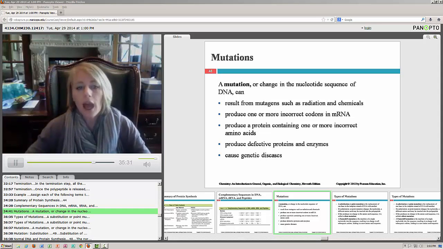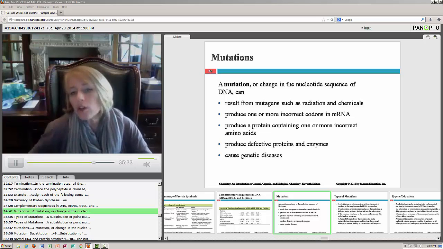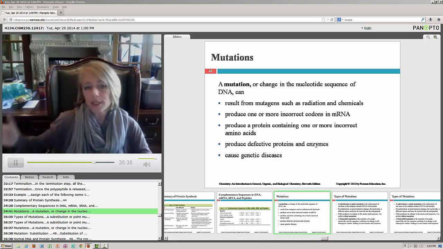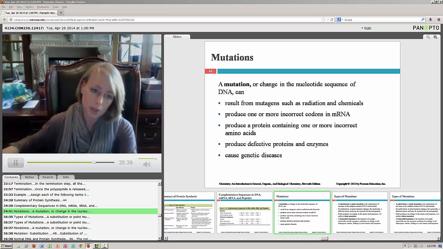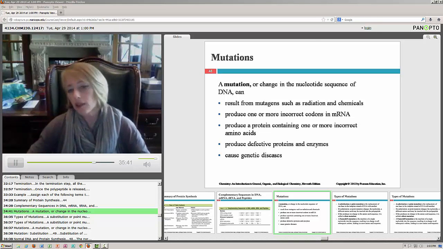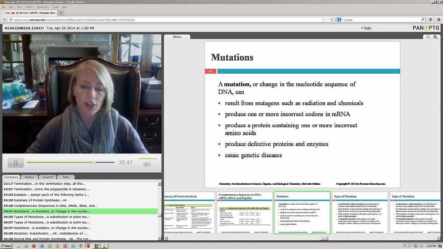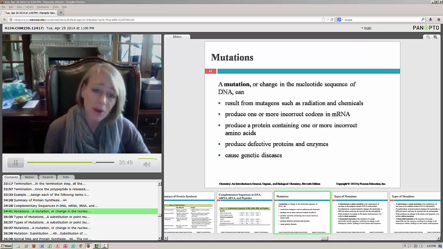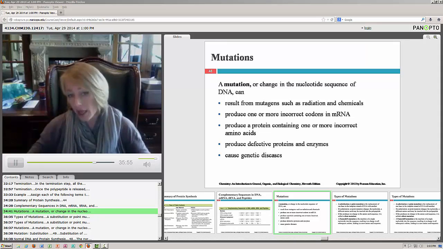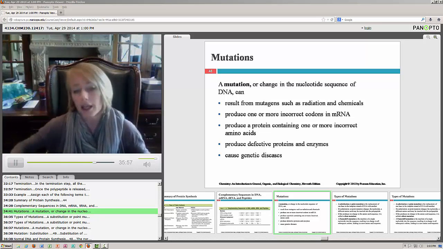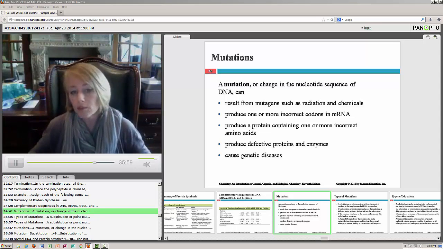And that will produce incorrect codon sequences to further synthesize the actual protein. That means that the protein is not being effectively made. It may have the wrong amino acids in the chain. It may even have a stop codon put where it wasn't supposed to be, and the protein itself will be truncated, or cut at some point where the protein isn't completely formed.